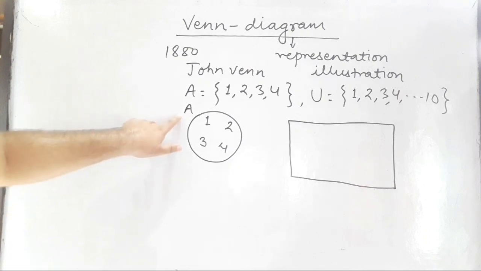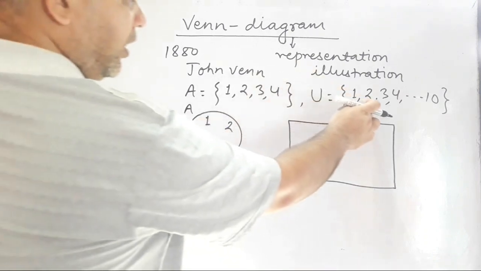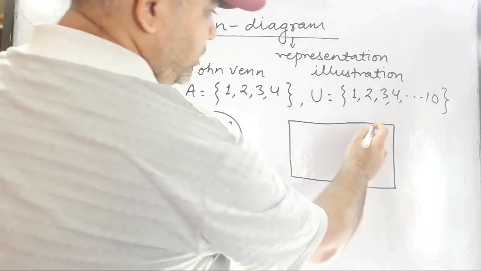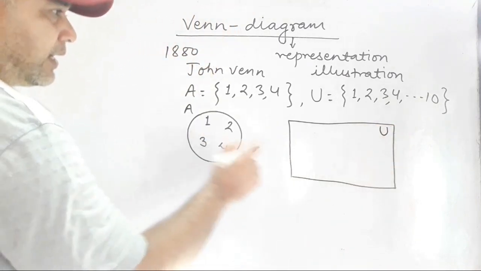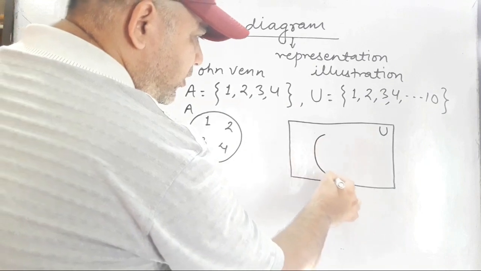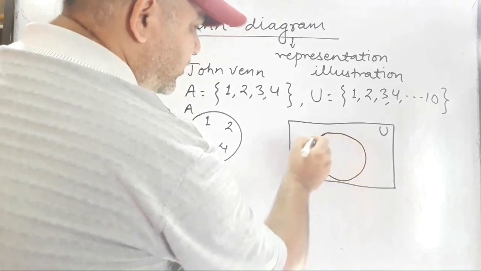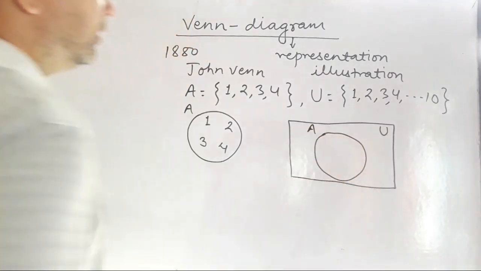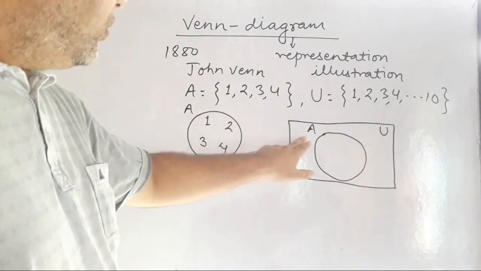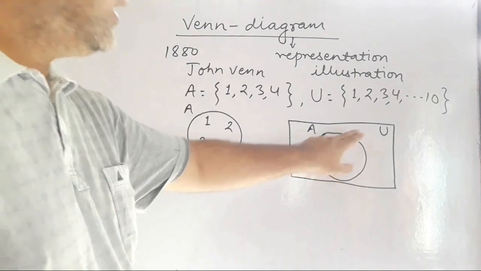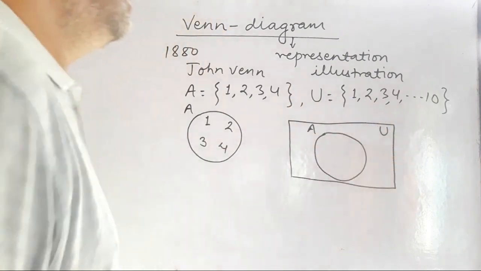Since A is a subset of the universal set U, A should be written inside the universal set, that is, inside the rectangle.